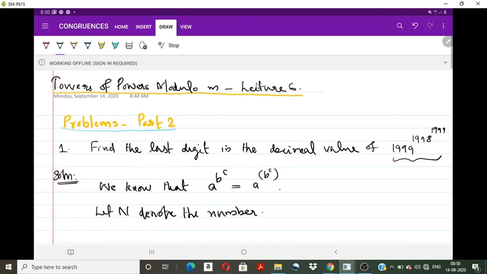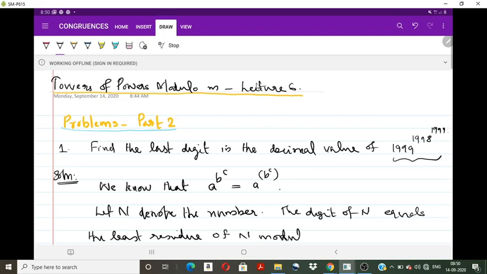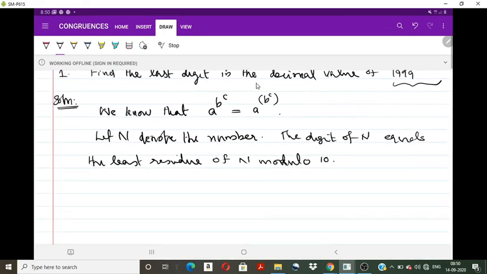So the last digit of N equals the least residue of N modulo 10. The last digit is obtained by taking the congruence modulo 10.